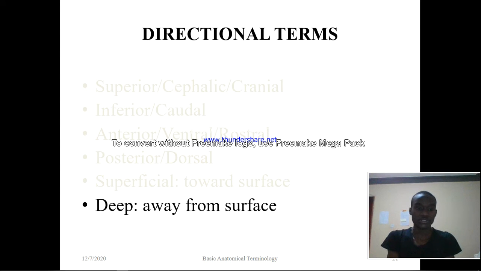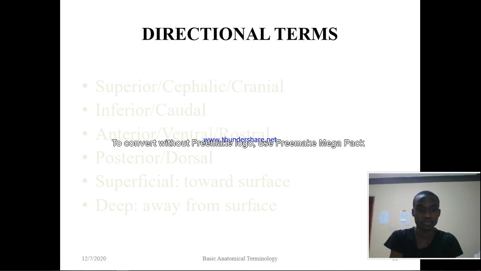The other term is deep, and that term is used to locate or direct a location that is away from the surface, so inside something, away from the surface. The term to use there is the deep term.